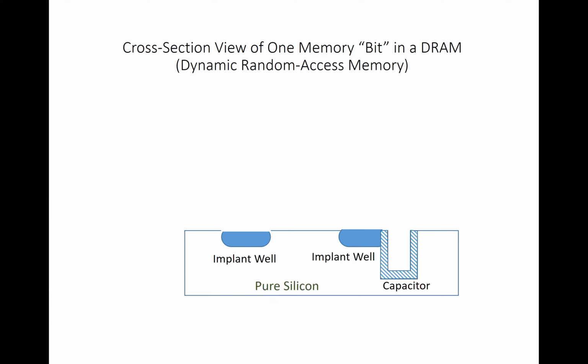Okay, so let's give a name to those blue regions. Let's call them the implant wells. It's a well because it's down below the surface, and an implant is because we have implanted some impurities into there. All right, so now we're going to put a little piece of glass on top of the region in between them. We're going to call that piece of glass the gate insulator. We're going to put a conductor on top of that. It doesn't have to be metal.